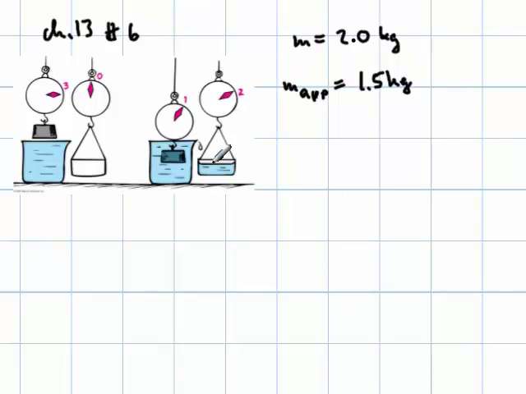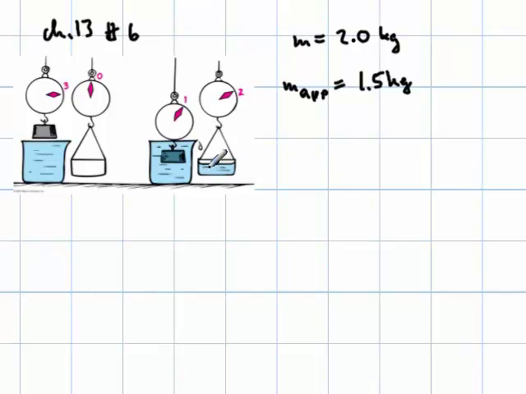So as the object is submerged in water, the scale reads only 1.5 kilograms. Well, the way this can be done is to say that since it is submerged in water, it displaces a certain amount of water. Well, how much? Apparently the buoyant force is equivalent to 0.5 kilograms, actually it's 5 newtons, respectively.